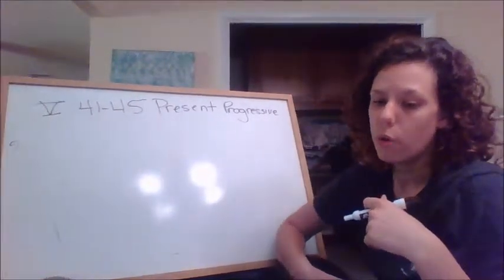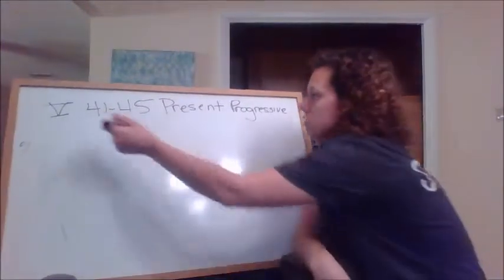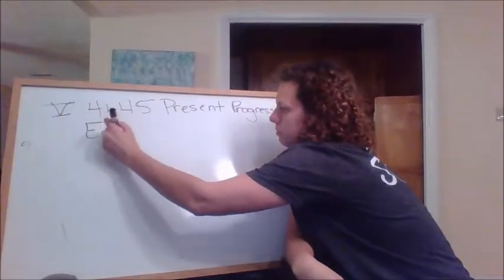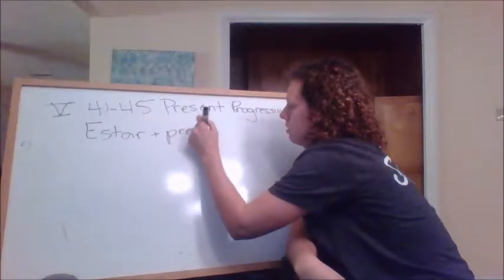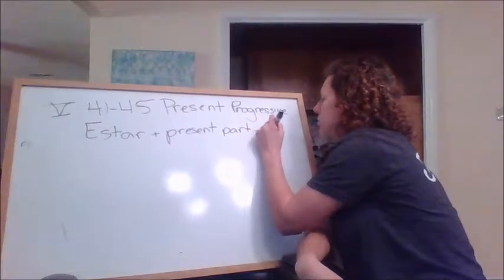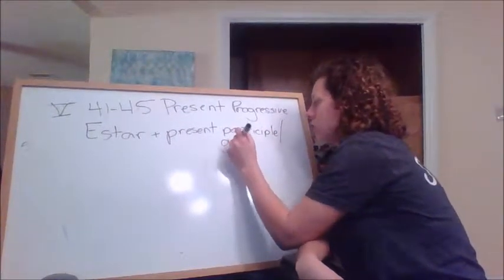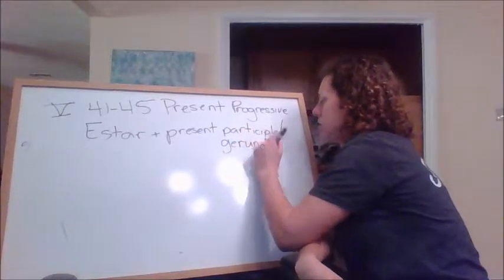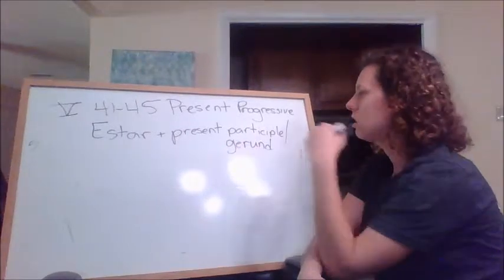Okay? So, you form the present progressive by using estar plus the present participle, or gerund. These are the same thing, we just call them two different things.